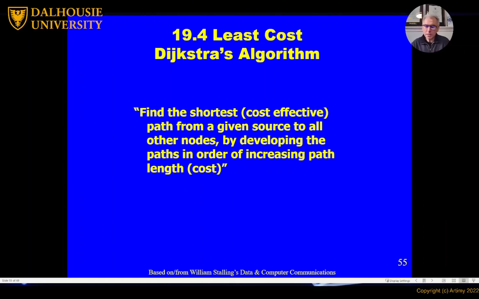So each node says, I know about these links that I am directly attached to, and here is the cost, which could be any metric, could be delay, could be bandwidth, but here is the cost to using any of these links. And then the routers exchange information among themselves, and then each router will calculate the shortest path by itself.